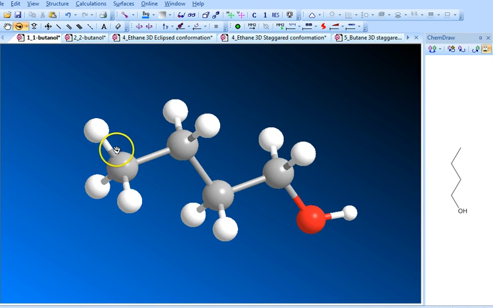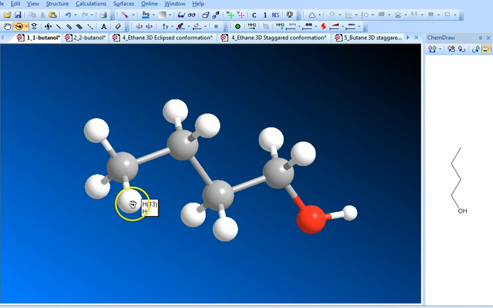Now the bond angle between this hydrogen, carbon, hydrogen is going to be about 109 degrees. The same for this hydrogen, carbon, hydrogen.